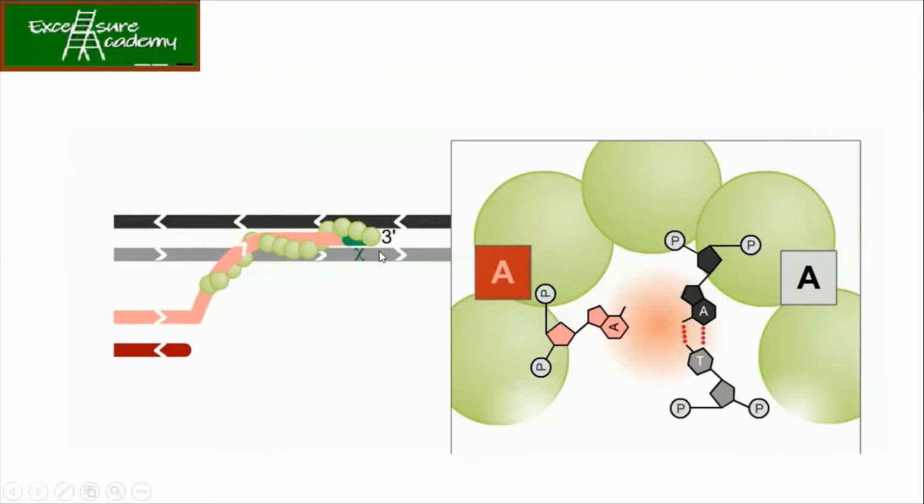Correct? Now it will keep on scanning the sequences till it gets a correct base pairing. So once it reaches a base pairing, like it is having A in its primary pocket. See, it is having A in its primary pocket. This is its primary pocket. This is its secondary pocket. Secondary pocket means where you have got the A-T base pairing.